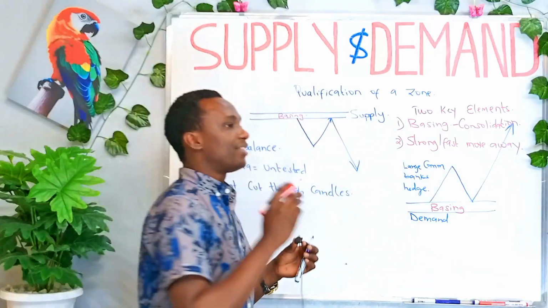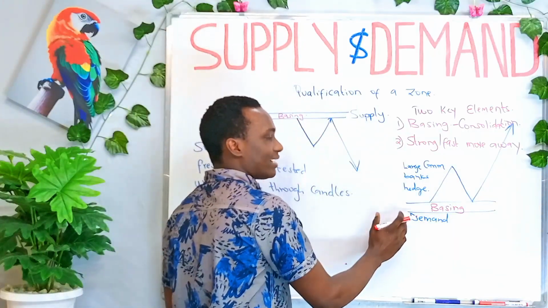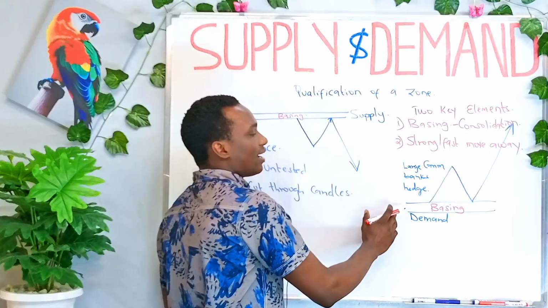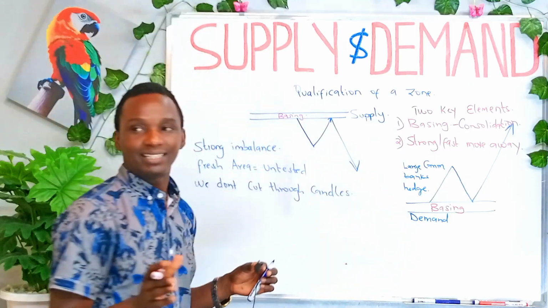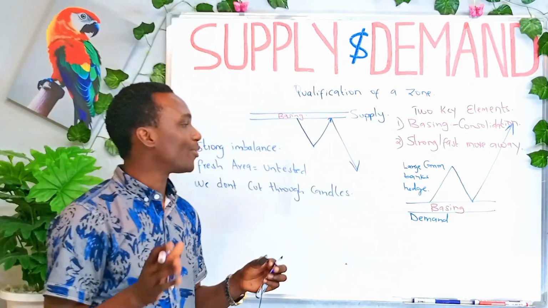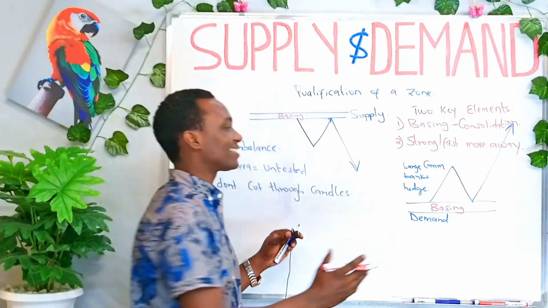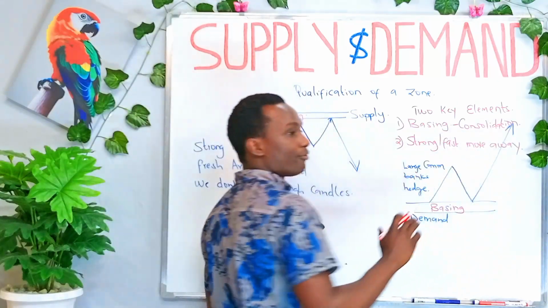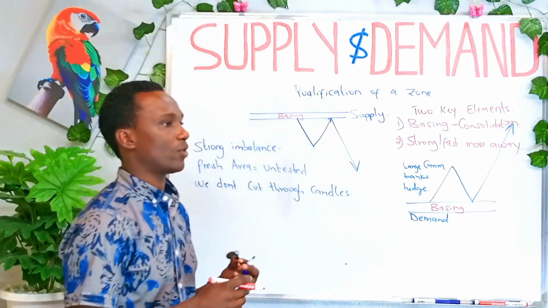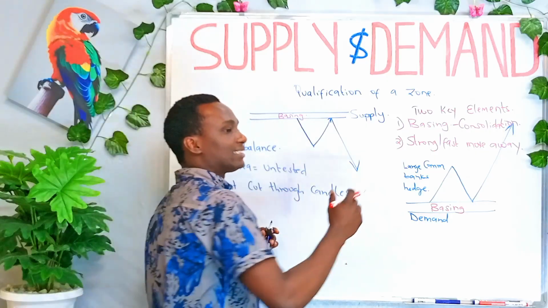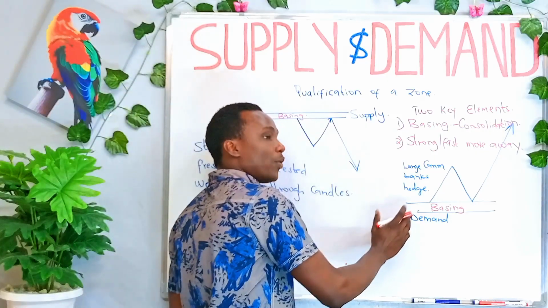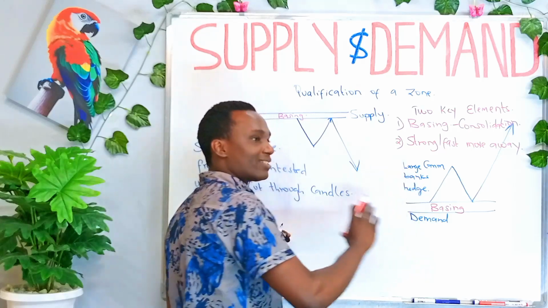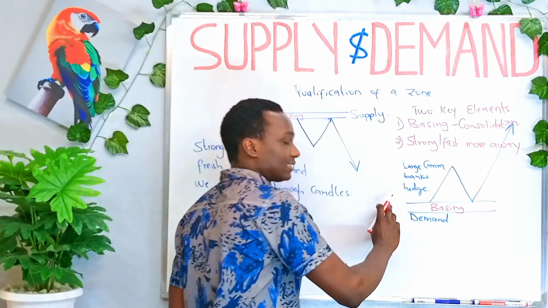Okay, so this is what separates supply and demand from just simple support and resistance levels: the basing and the strong move aways.